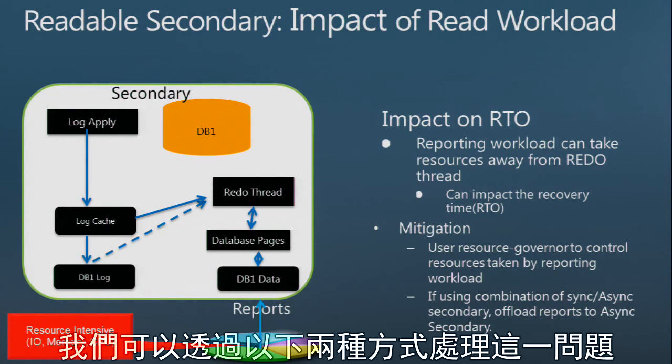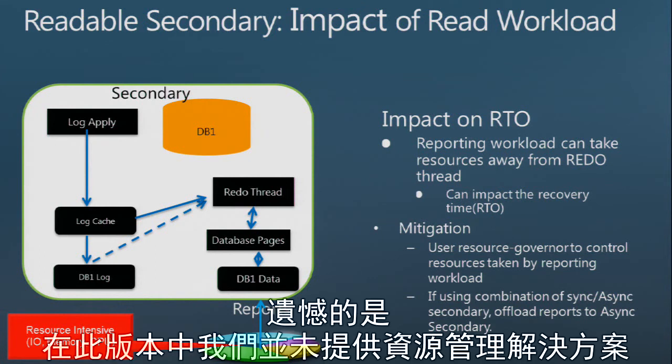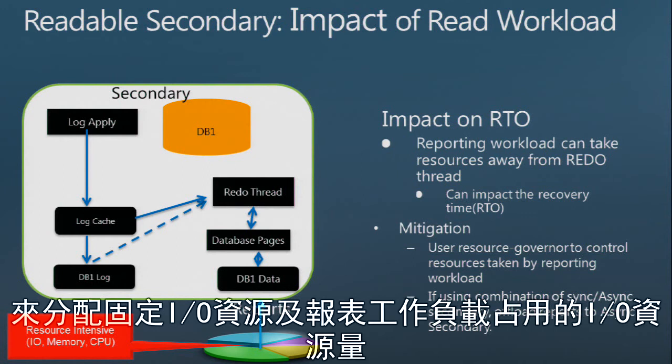You can mitigate this in two ways. First thing is, you can control the IO cycles taken by the reporting workload. Unfortunately, in this release, we do not provide a resource governor solution to allocate a fixed number of IO cycles to the reporting workload.